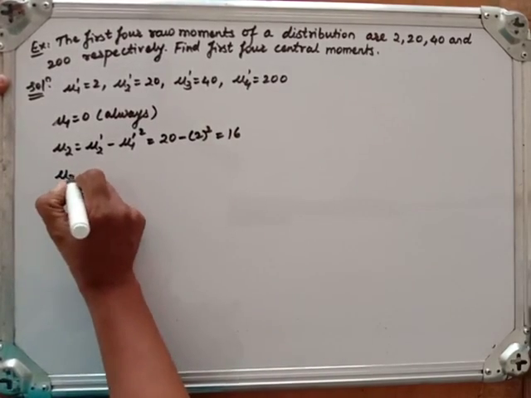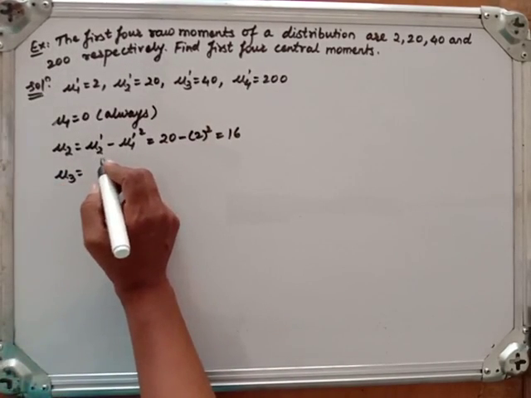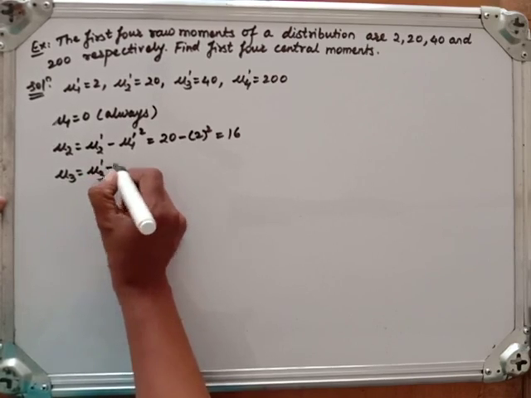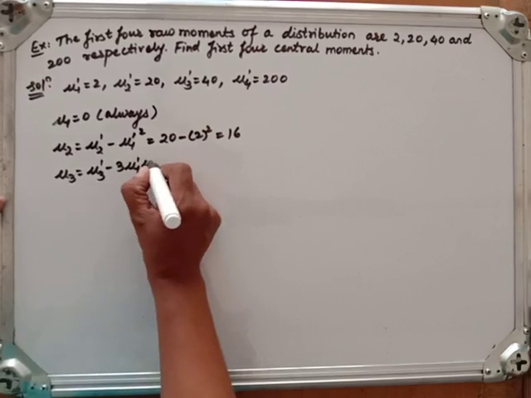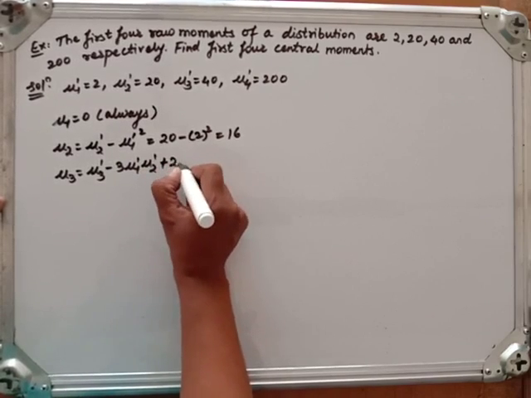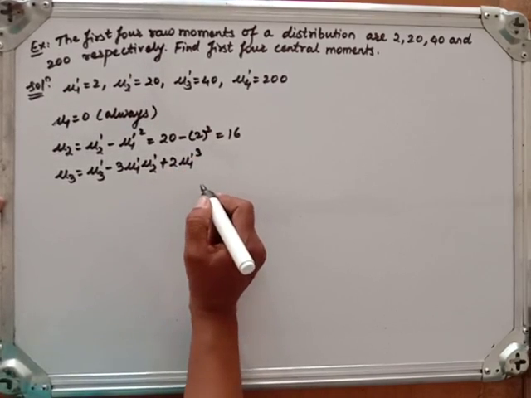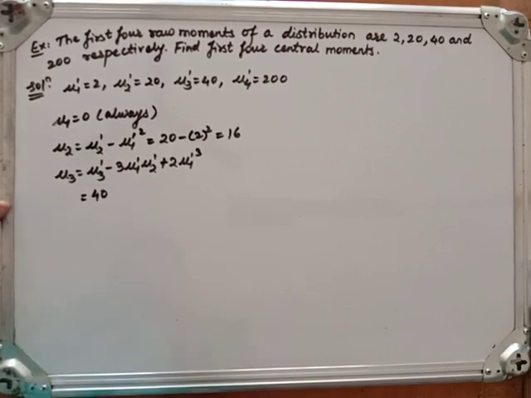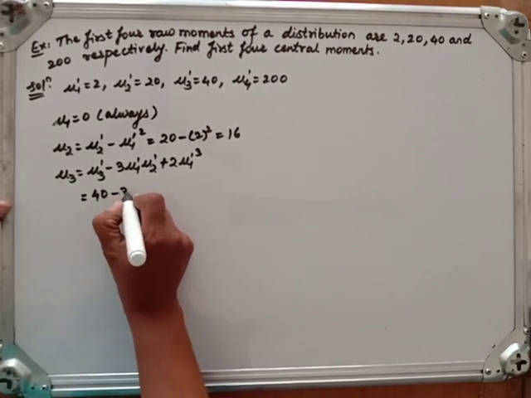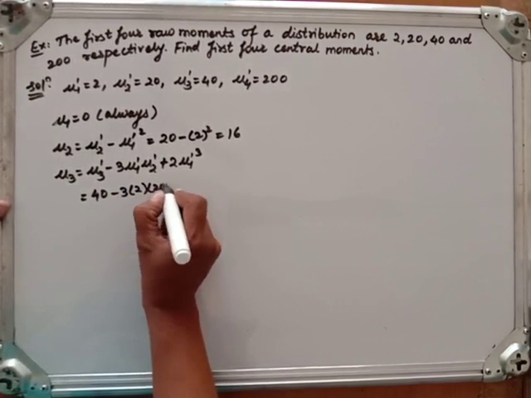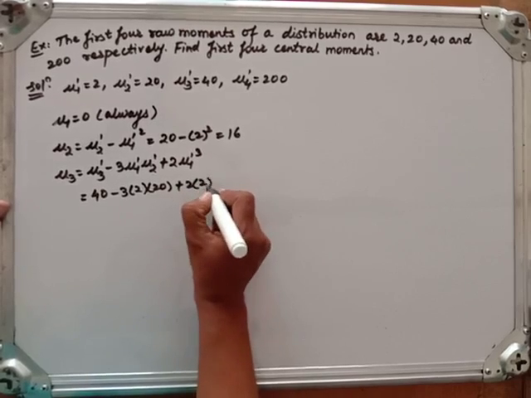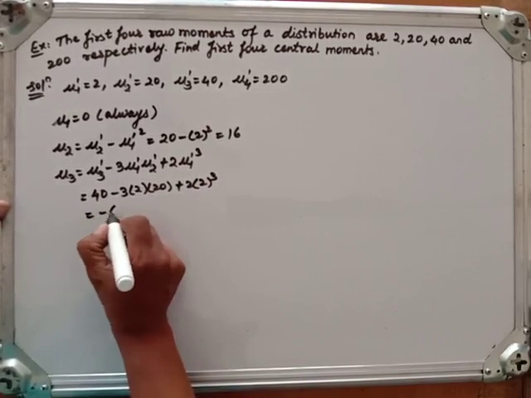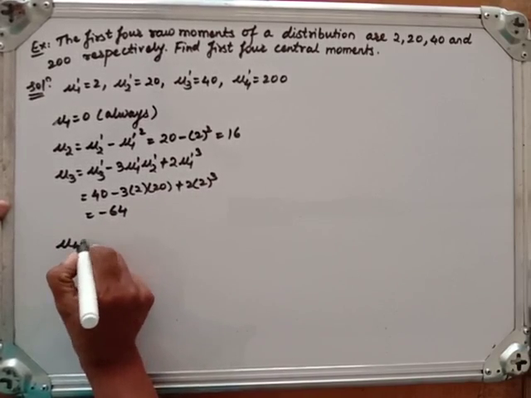Next, mu3 is what? It is mu3 dash minus 3 mu1 dash mu2 dash plus 2 mu1 dash cube. Already in previous video I taught you, you have to remember these ones. These are important. So here mu3 dash is 40 minus 3 into 2 into 20 plus 2 into 2 cube. And this simplification will be minus 64. Next, mu4 is what?